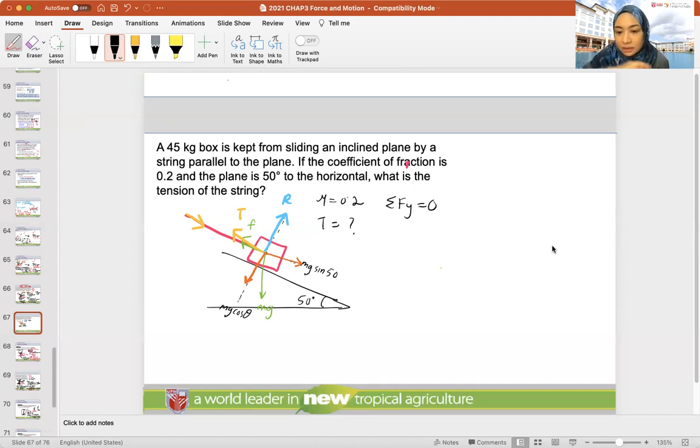Saya nak tanya lagi ni. Firna, what should be my net in the Fx? Zero. Why is that? Because no acceleration. Because no acceleration. How did you know there is no acceleration? Which part of the question?